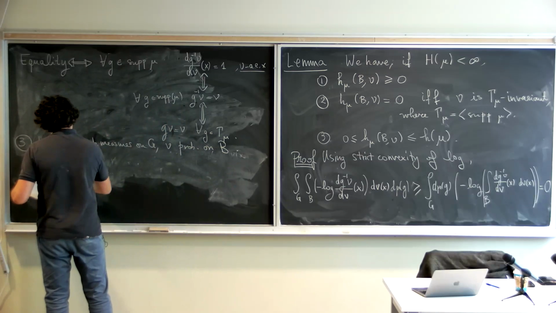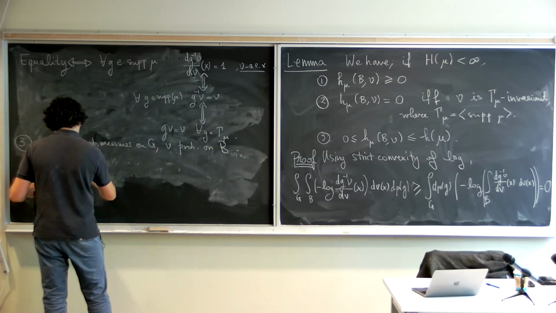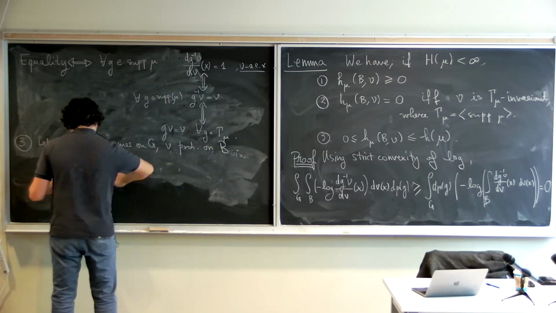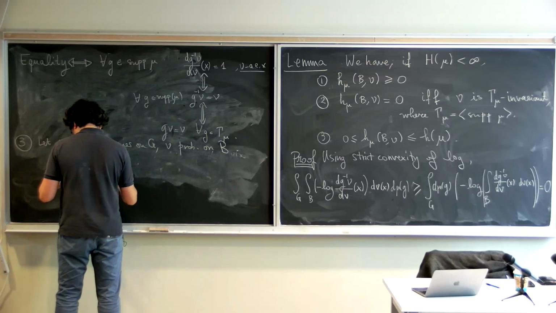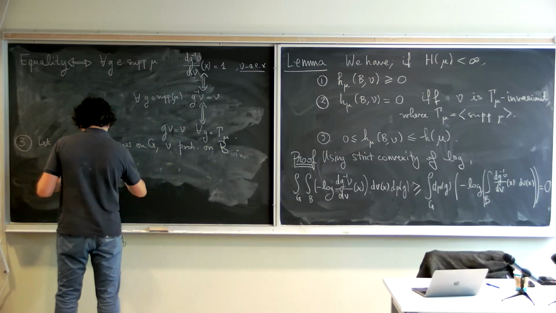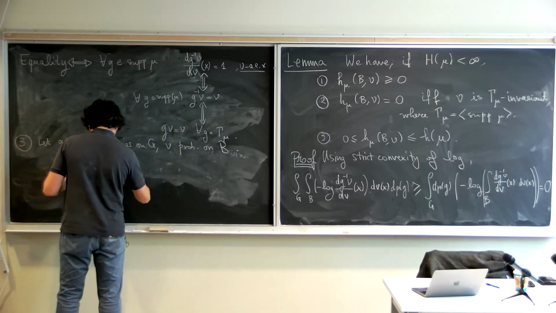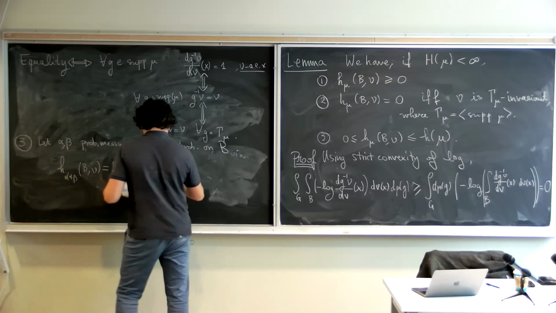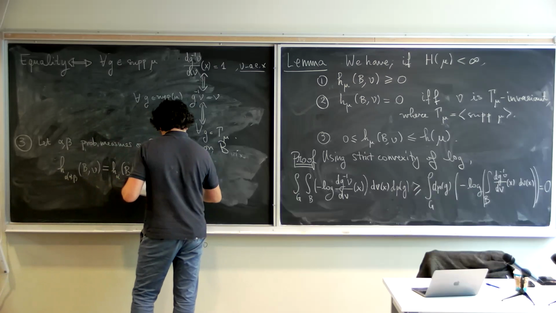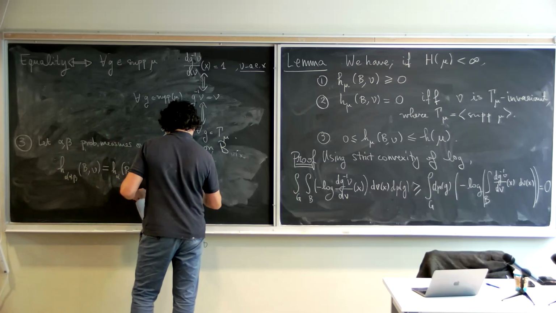We claim that H of alpha star beta, B nu, this is, sorry, is equal, even equal, to H alpha of B, beta star nu, plus H beta, B nu.